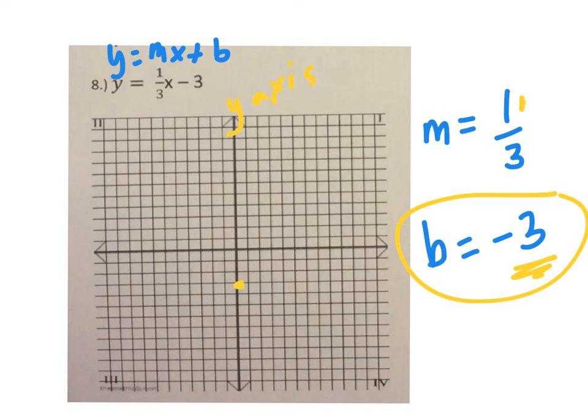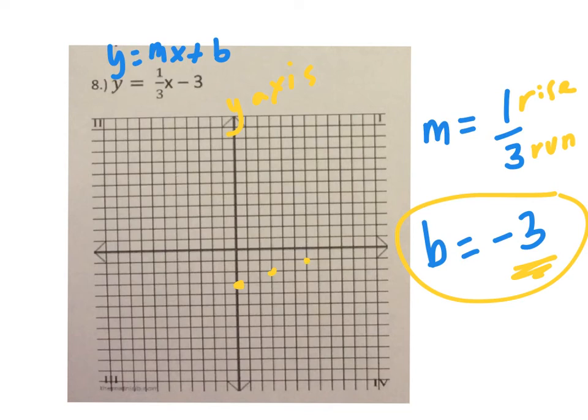Then I rise 1 and run 3 from that point that I just plotted there. So I'll end up right here. And to make a good line, I'll need at least 3 points. So I have to do that one more time. Rise 1 and run 3, which would put me right here.